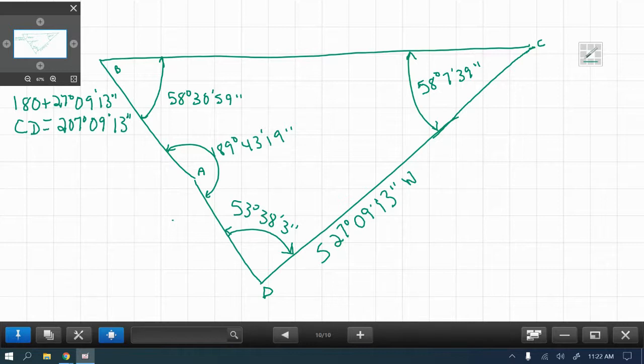And now I want to go from D to A. So here's the first thing I want to say. Is that greater than 180 or minus 180? Or less than 180? Minus 180. Okay, so we're coming back to what we just had.